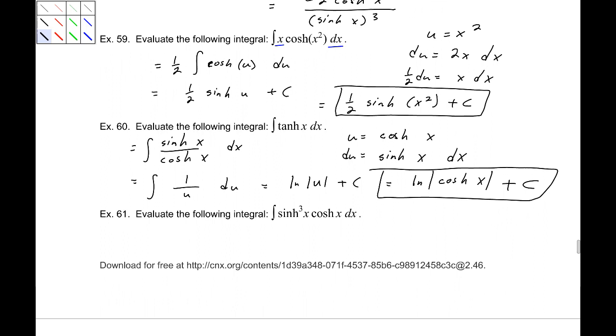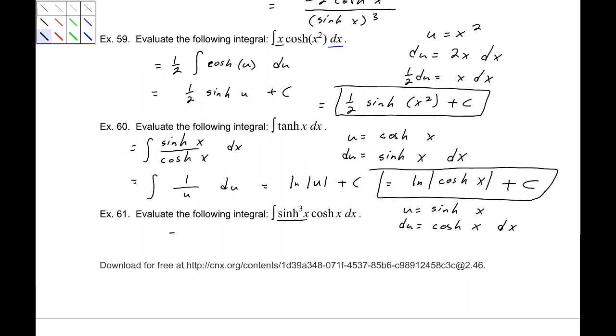Okay, number 61. U substitution will be very handy here because we have an inside function, sinh cubed, and the derivative of that is cosh. So we can make u sinh x. Du is then cosh x dx.